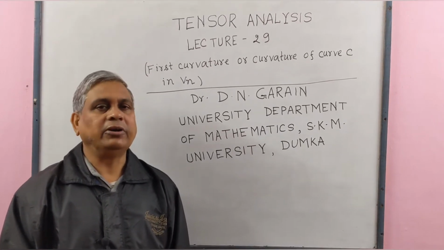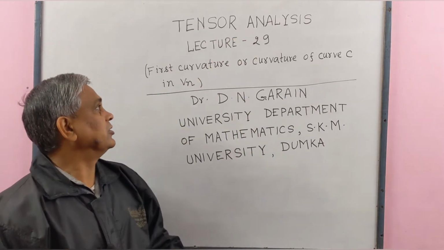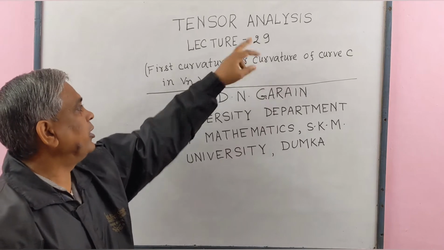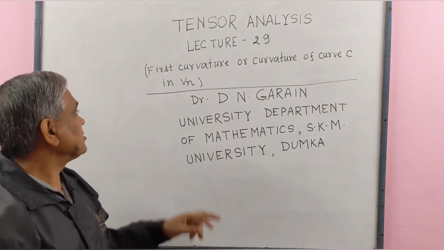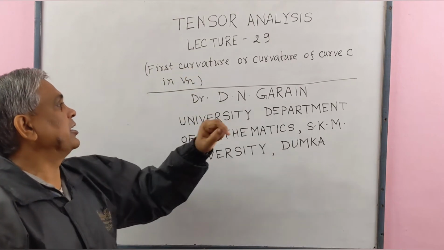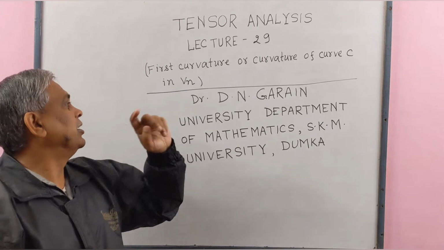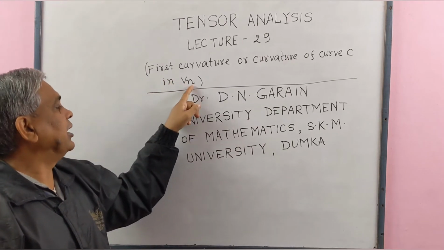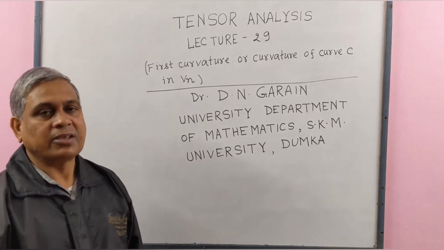Today I will deliver lecture on tensor analysis, lecture number 29, in which I will discuss first curvature or curvature of a curve C in Vn. Vn means n-dimensional space.